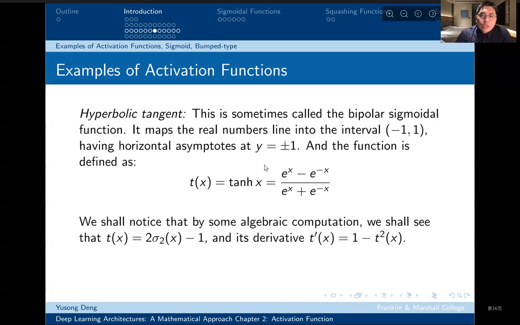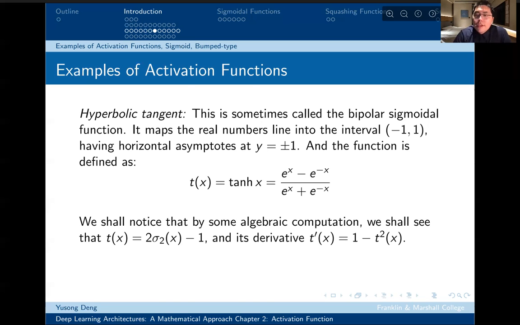All right, by some algebraic computation, we shall see that T of x equals 2 times sigma of 2x minus 1, which is the relationship between the hyperbolic tangent and the standard logistic sigmoid function.